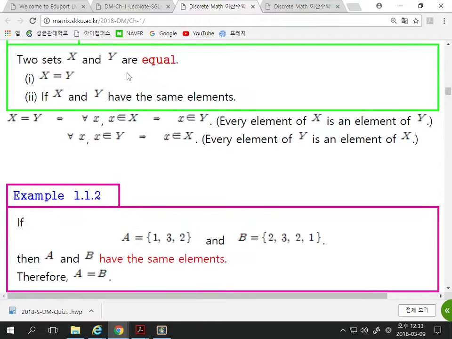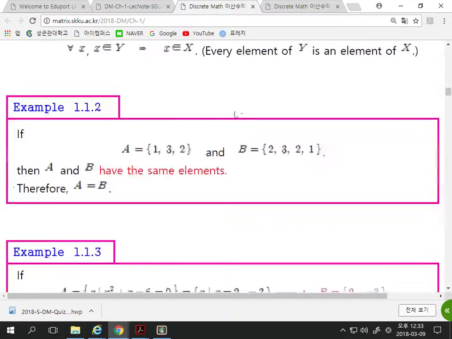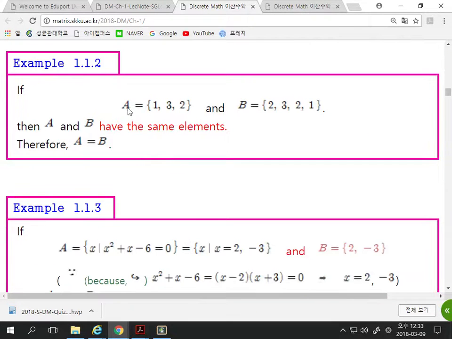When two sets are equal, it means they have the same elements. If set A has 3 elements, 1, 3, 2, and set B contains 3 elements, 1, 3, and 2, then basically these two sets have the same elements 1, 2, and 3.